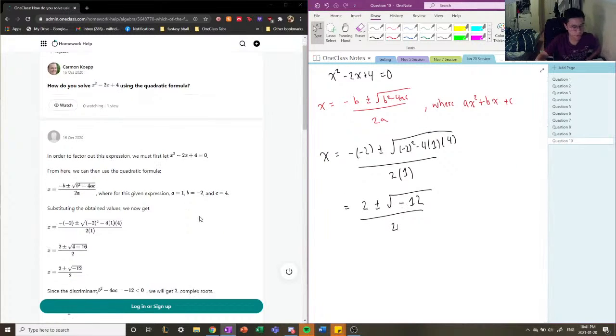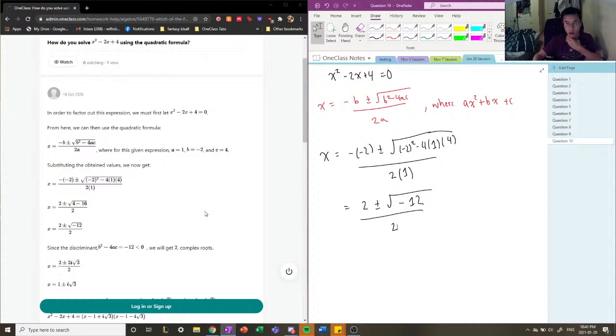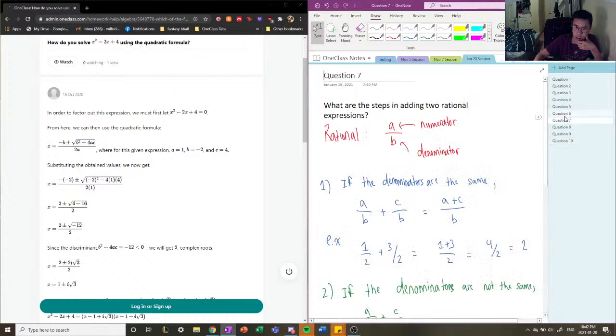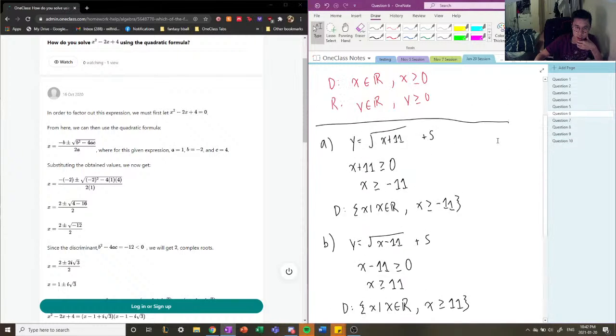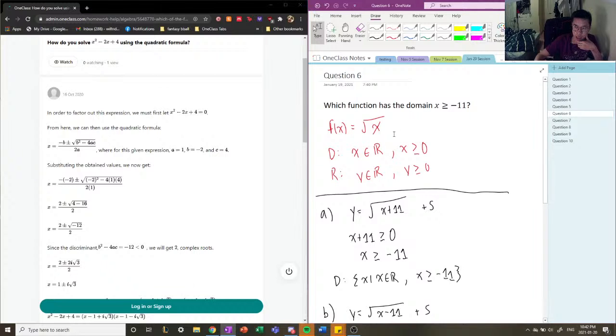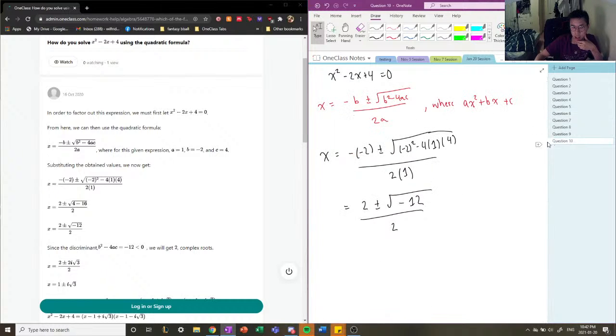At this point in the formula, we see that we have a square root of negative 12. That brings us a lot of worry because, like in the previous question, we said that the square root of a negative number is not defined. That is partially true, because the square root of a negative number is not defined on the real number set.